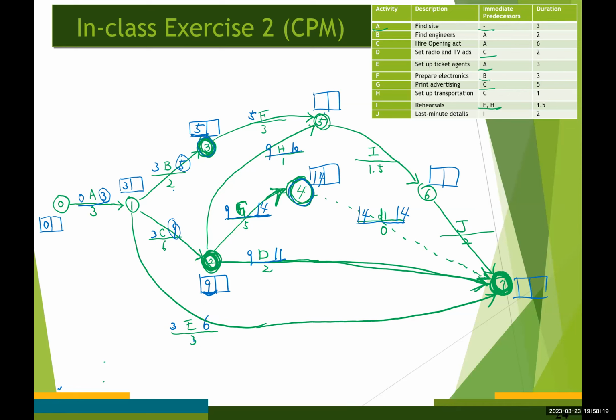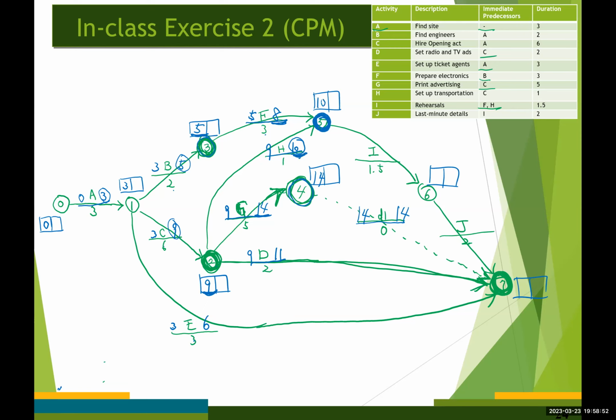Now we need to determine the earliest time for event number 5. Before that, we need the earliest finish time for activity F. That's going to be 5 plus 3, 8, right? So the earliest time for event number 5 is going to be 10, because we need to choose the larger value between these two numbers, 8 and 10.